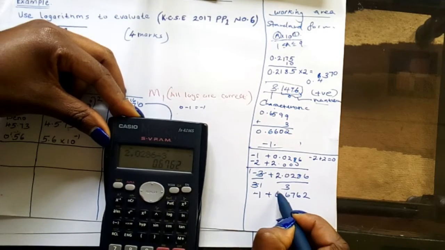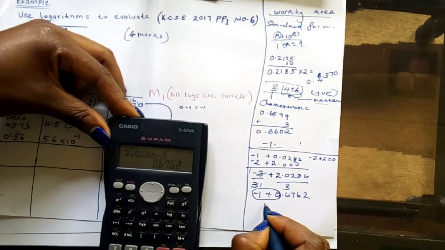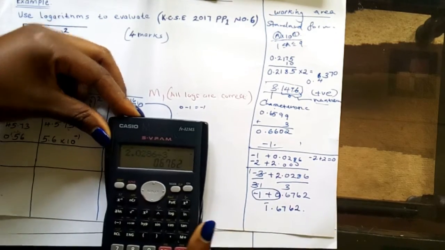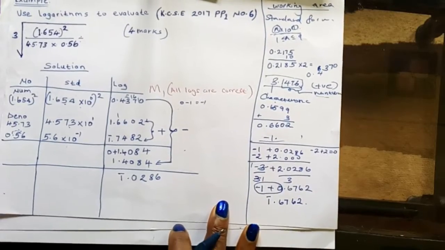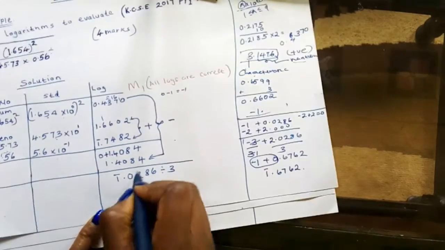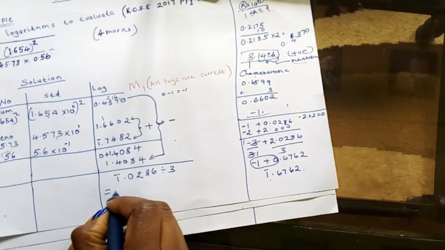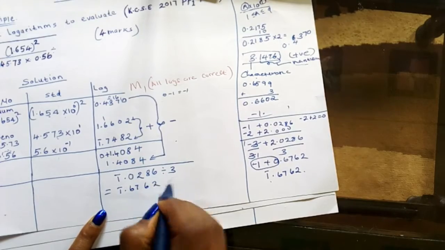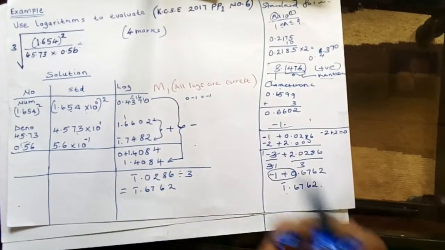If I add all this together, I shall have about 1.6762. So this one divided by 3 gives about 1.6762.